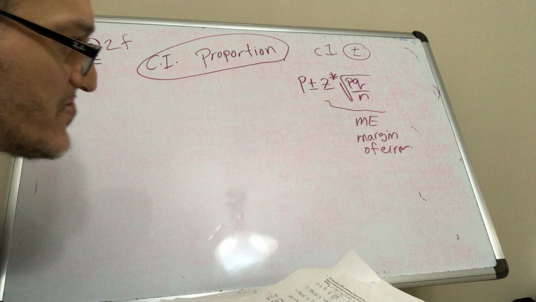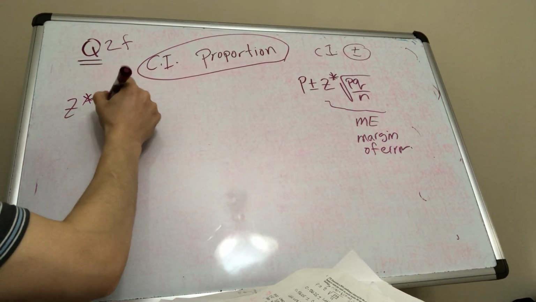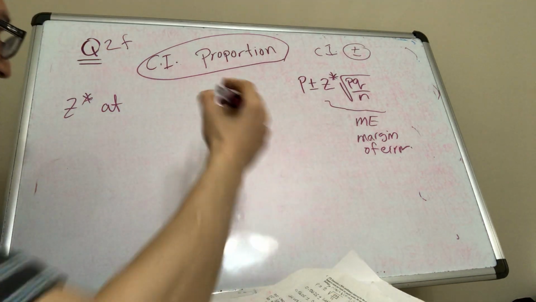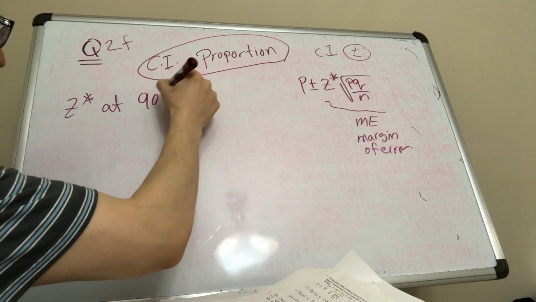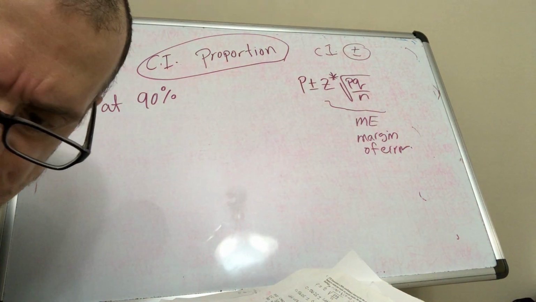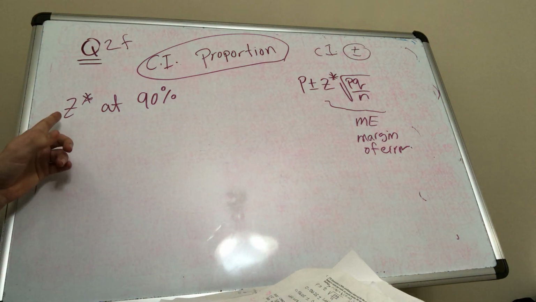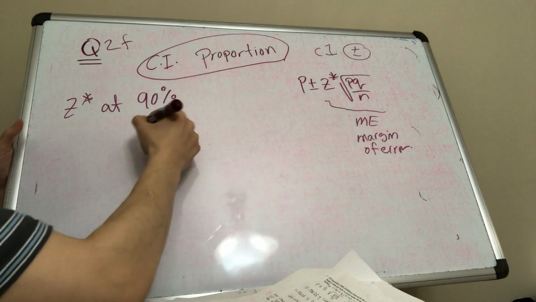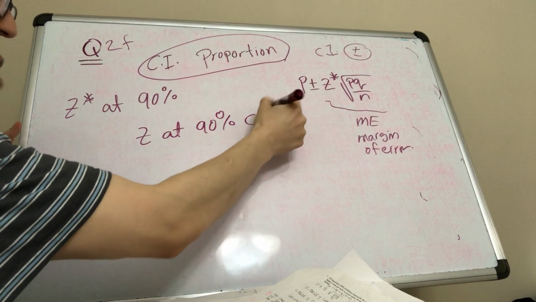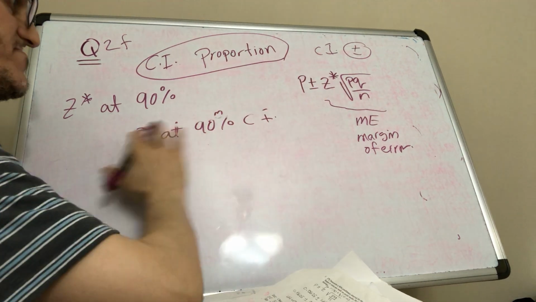Okay, so let's find one thing at a time. We need Z star at a 90% confidence interval. You can use websites, like in Google, if you say Z at 90% CI, it will tell you right away what it is.